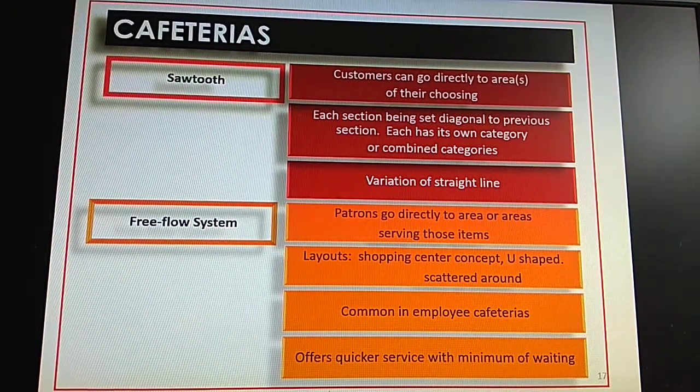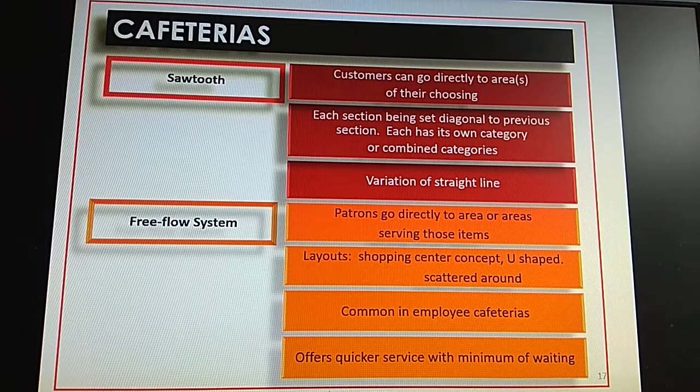Sawtooth: customers can go directly to the area of their choosing, each section being set diagonal to the previous section. Each has its own category or combined categories, a variation of straight line. It just makes people much more comfortable. Like I mentioned earlier, people just want to go for the beverages, or they just want to go for the desserts.